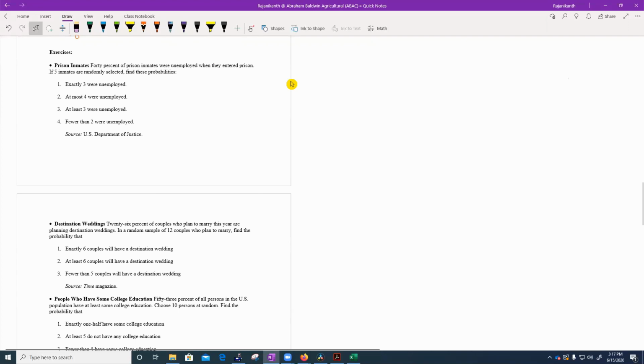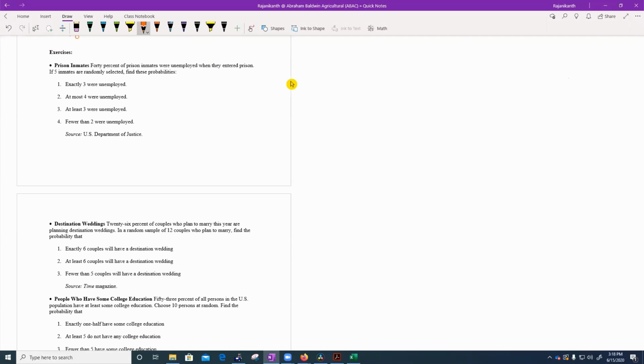So remember, if you want to apply the probability distribution for the binomial, make sure that the given experiment is a binomial. Okay, so you are going to check five randomly selected people inside the prison. So therefore, you are going to perform five trials. You go one by one and ask whether they are unemployed, right? If they say yes, that is the one I am going to look for.